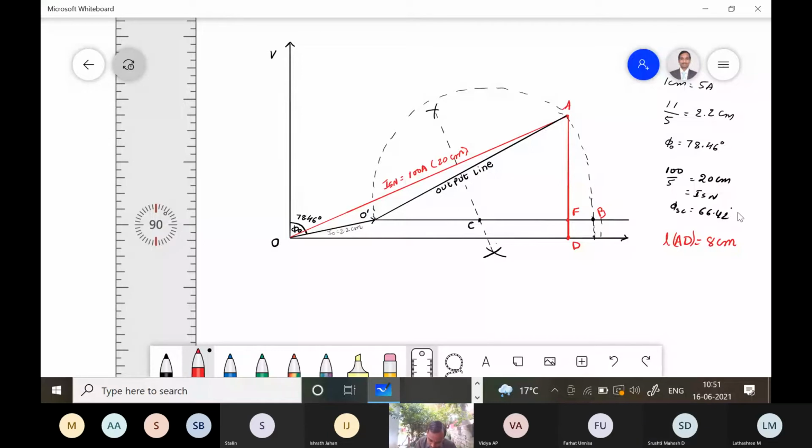Yes, sir. Okay. So this is equal to WSN, 8 centimeter. That is equal to WSN. So now calculate power scale. Power scale is equal to WSN by length of AD.